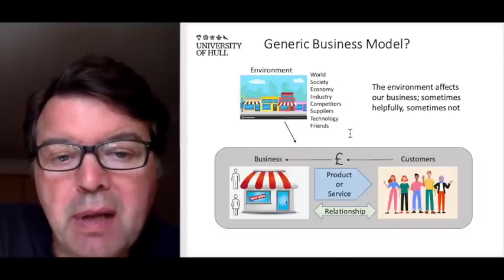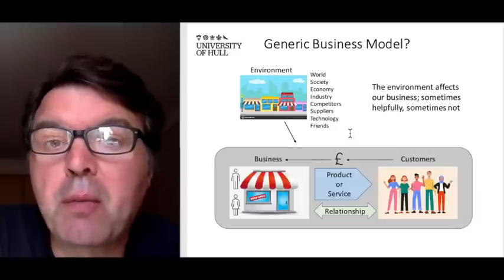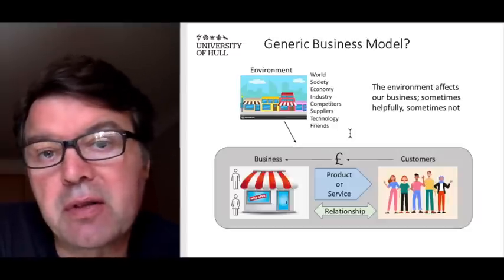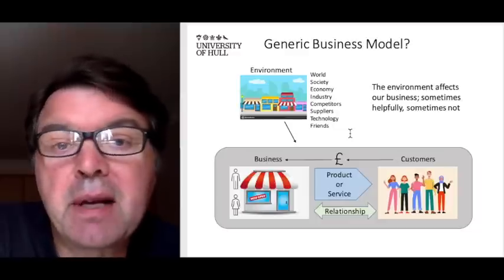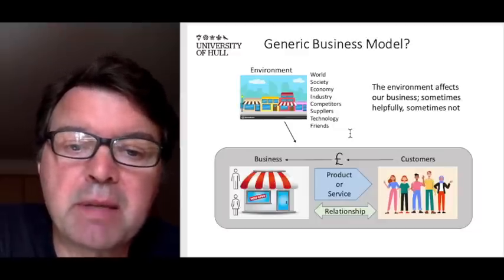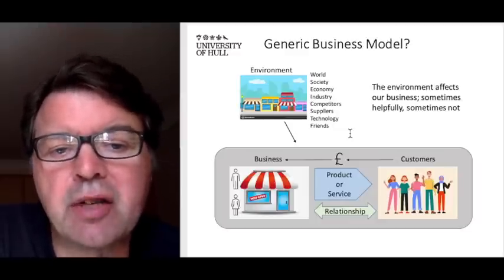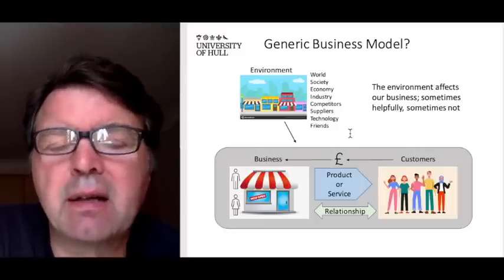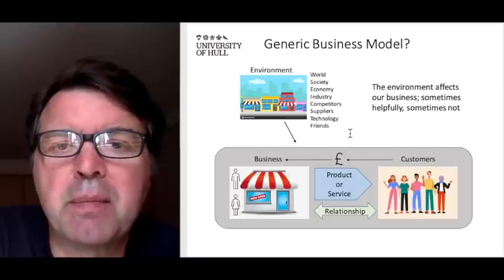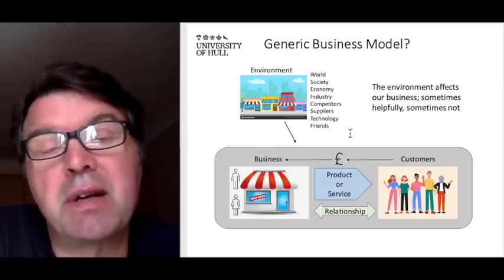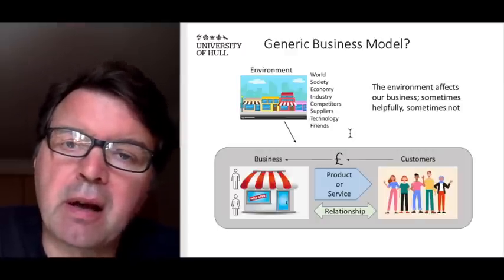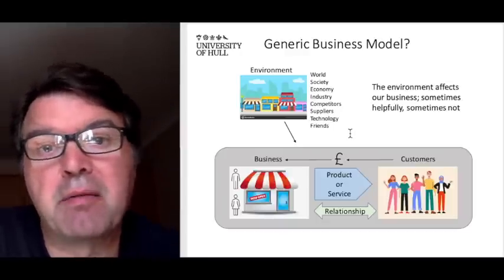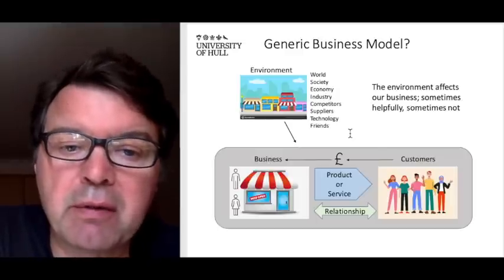We may have suppliers who are bringing raw materials to our business, or they might be supplying us with other services, and they can be really important to the success of our business. Technology has been a pretty constant factor in organizations and businesses over the last 30 years, but how technology impacts businesses goes right back to the Industrial Revolution.